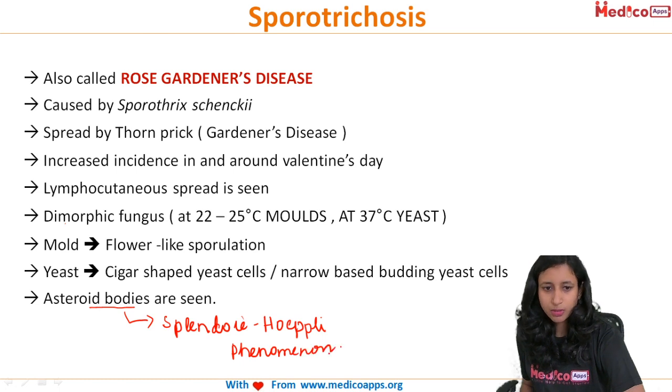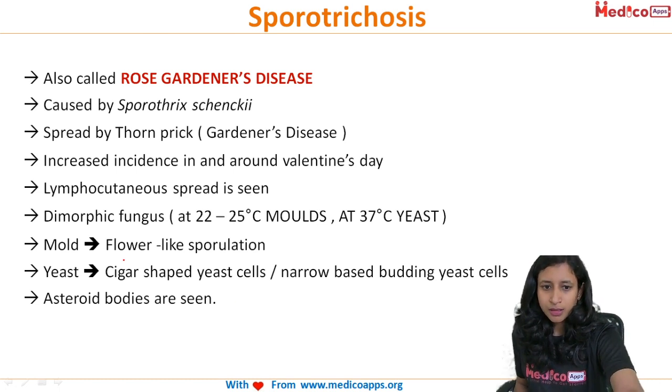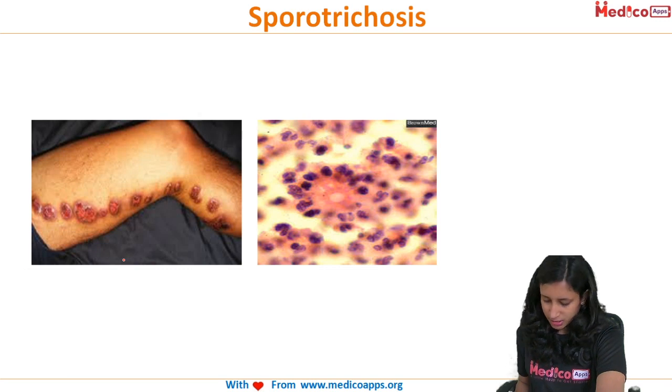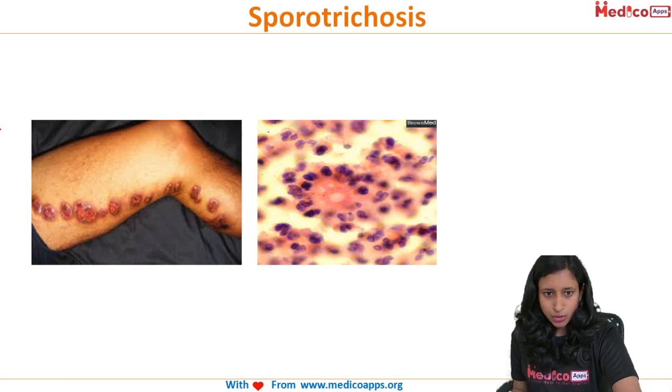So this is what you normally see. If you notice here, there are nodulo-ulcerative lesions that you can see. This is the typical nodulo-ulcerative lesion. And what you should also remember is that the lymph nodes are also enlarged.